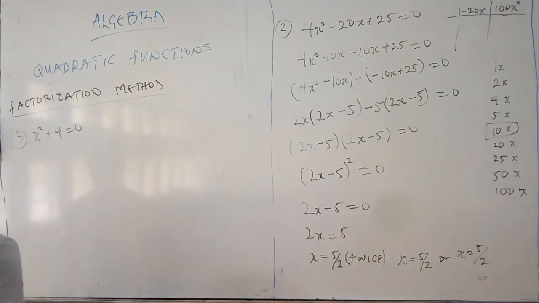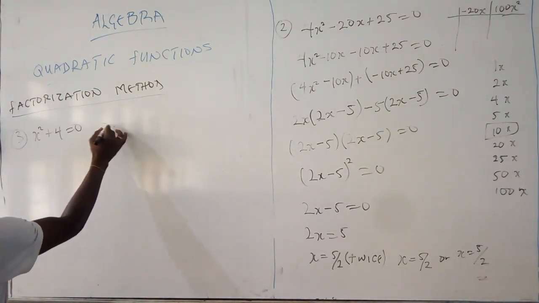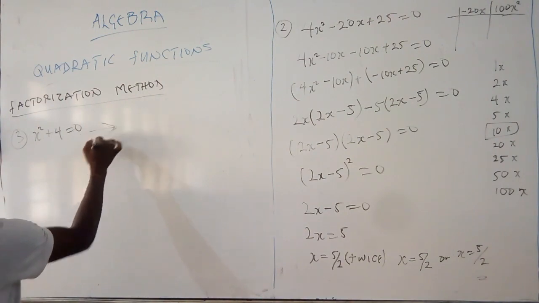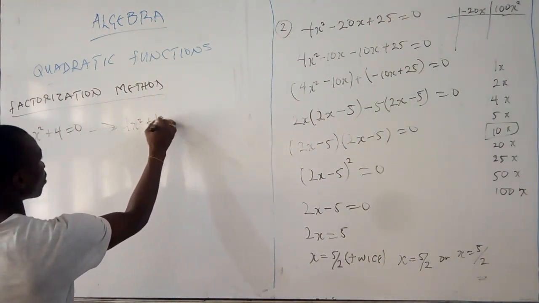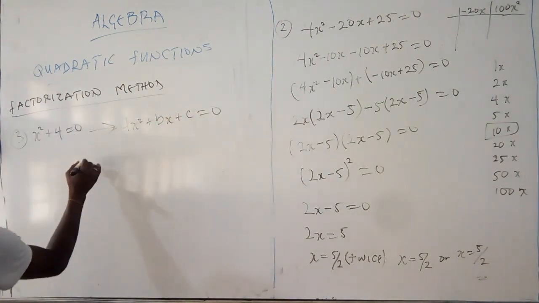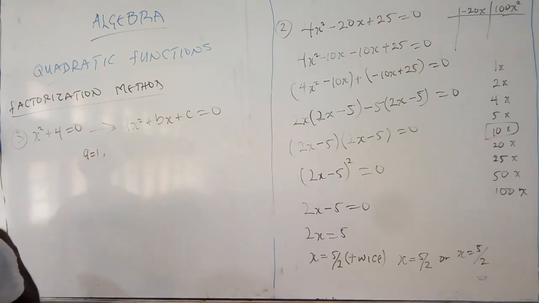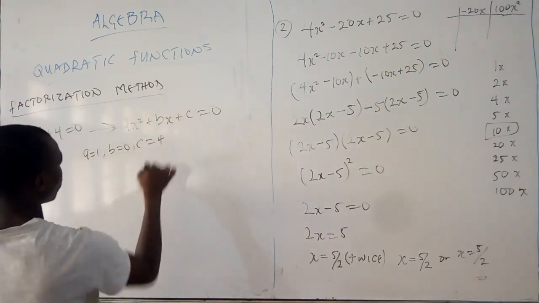I said this is a perfect quadratic equation because your b is equal to 0 here. When you compare it to our initial quadratic formula, ax squared plus bx plus c equal to 0, definitely your a is equal to 1, your b is equal to 0, and your c is equal to 4.